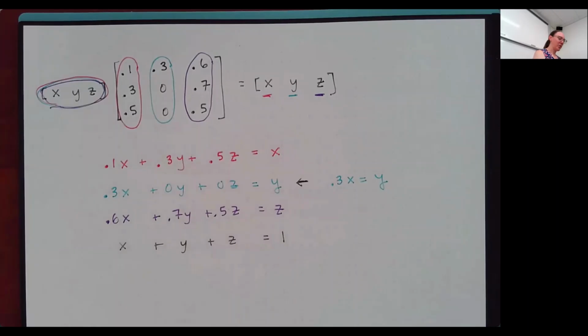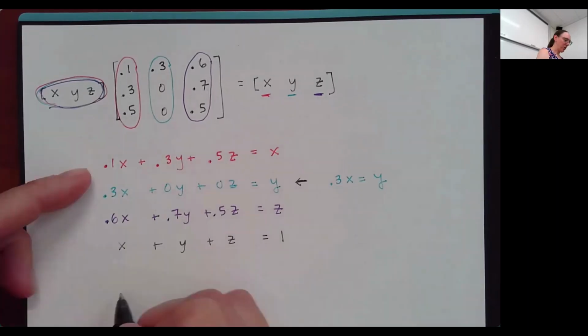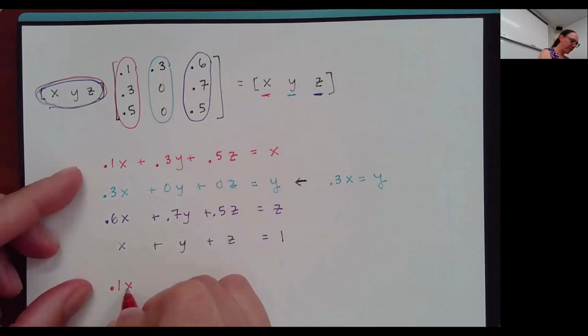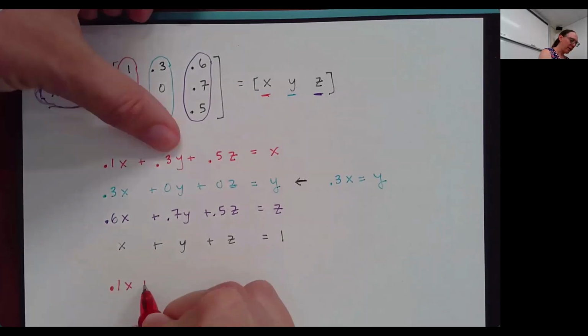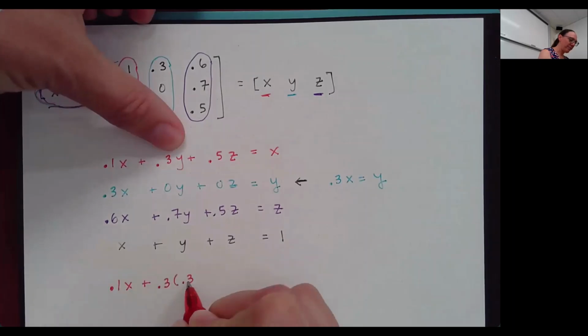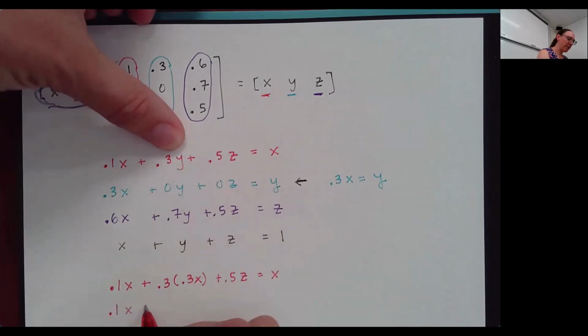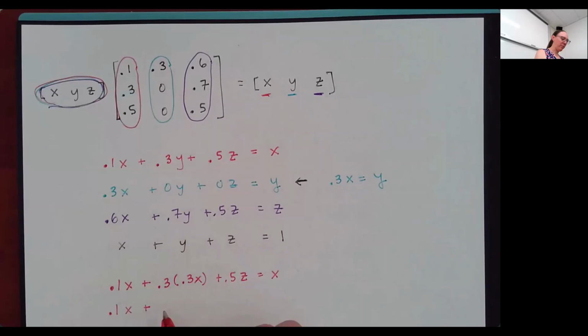Yeah. So if I take that in my top row, it would become 0.1x plus 0.3 times 0.3x plus 0.5z is equal to x. So 0.1x plus 0.3 times 0.3, which is 0.09, so that's 0.19. So I have 0.5z.